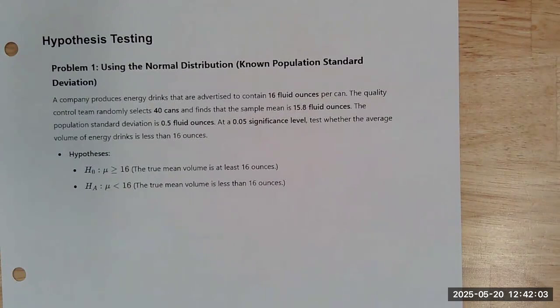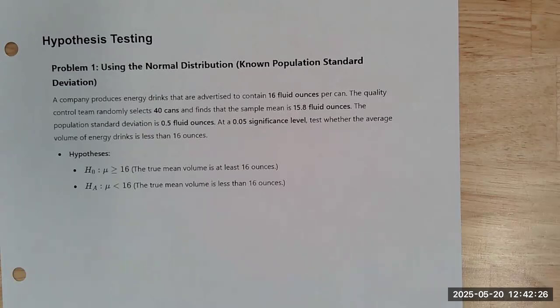Using the normal distribution, so I'm telling you here, normally you don't get told at the top of the problem that it's going to be one where you're using the Z distribution. But we'll start with telling you we have a known population standard deviation.